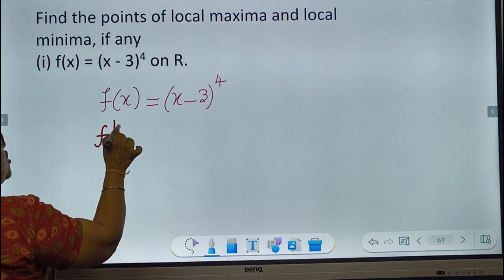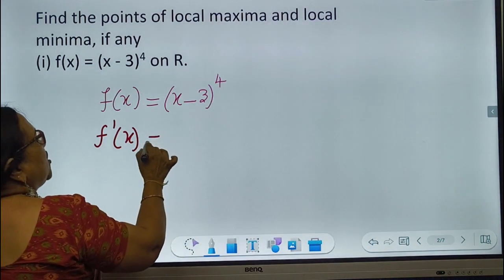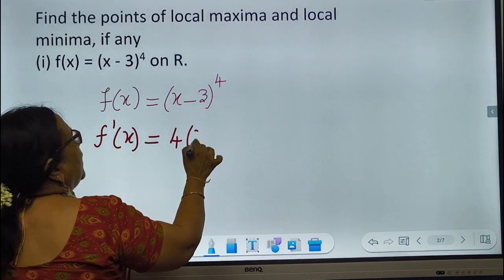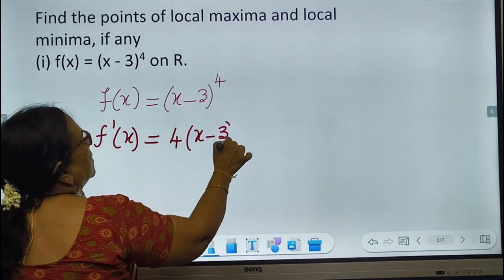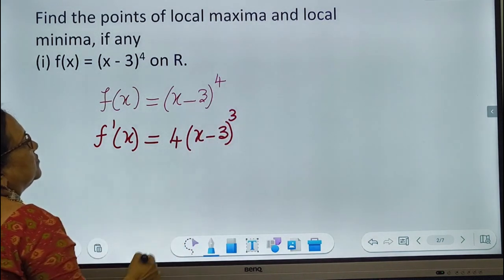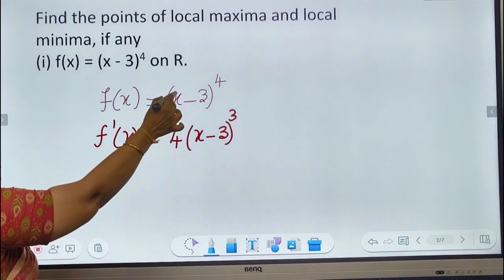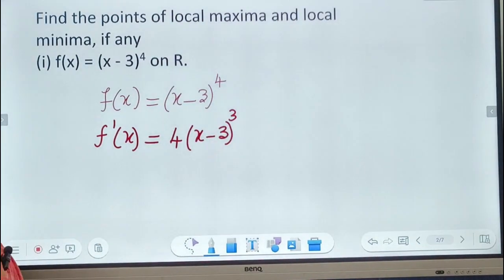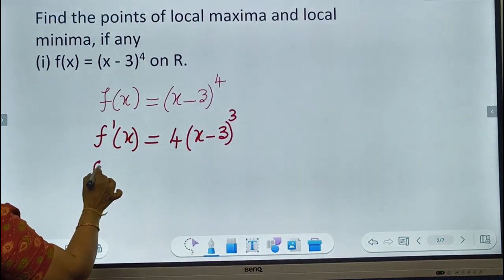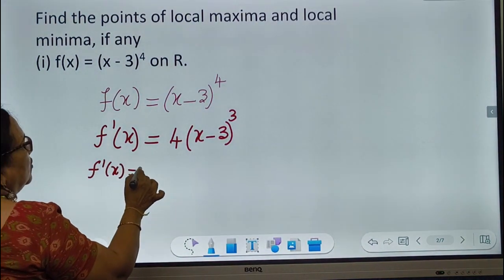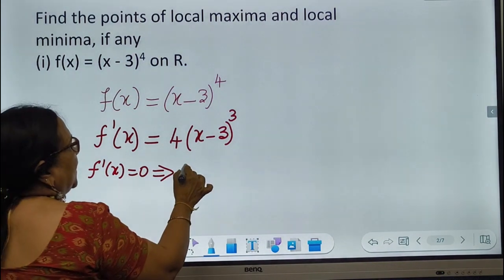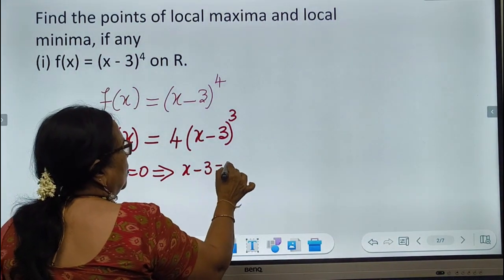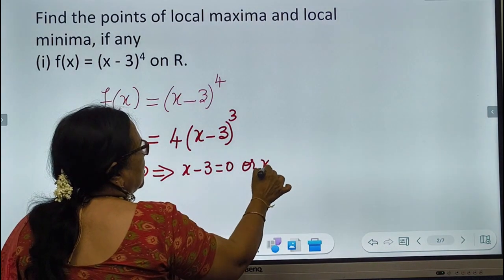So what is f dash of x? F dash of x will be 4 into (x minus 3) the whole power 3. It's of the form x power n, and the derivative is n x to the power n minus 1. Now f dash of x equal to 0 implies x minus 3 equal to 0, or x equal to 3.